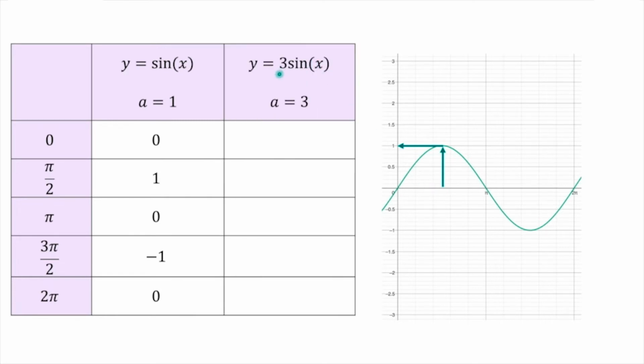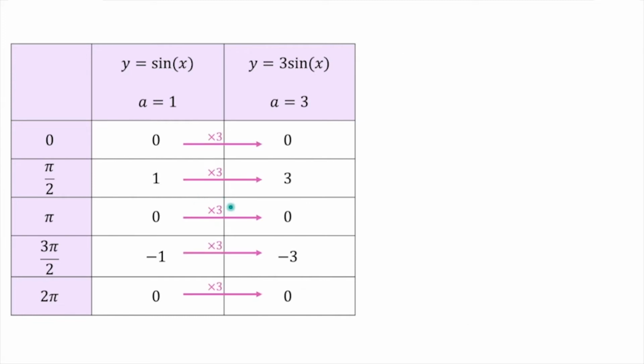Let's see what happens when we try to graph y is equal to 3 sine x. Use your calculator to find the values of y that we will need to plot. We get the values 0, 3, 0, minus 3, and 0. Can you notice a pattern with the numbers? Our values of y have been multiplied by 3.